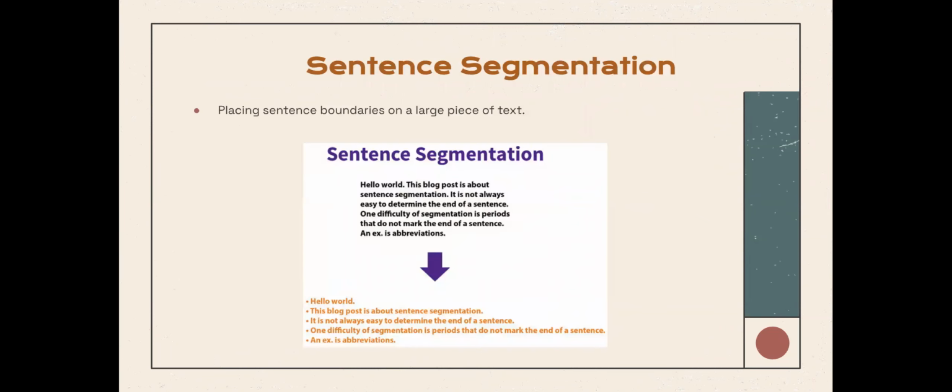The next part of syntactic analysis is sentence segmentation. We can't just say whenever we see a full stop, we take that as the end of a sentence. This is an example of that, whereby they put a full stop to show an example. So we cannot just break this and say this is a sentence and this is another sentence.